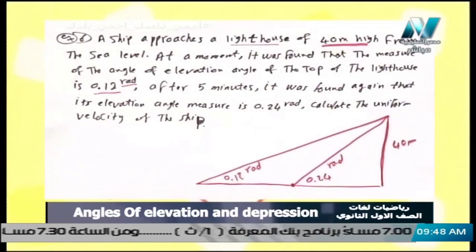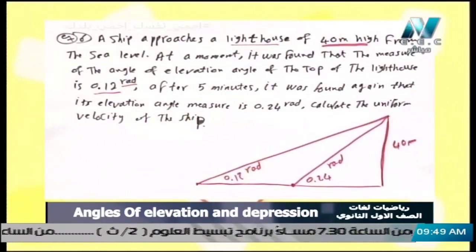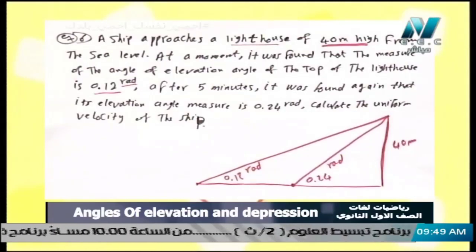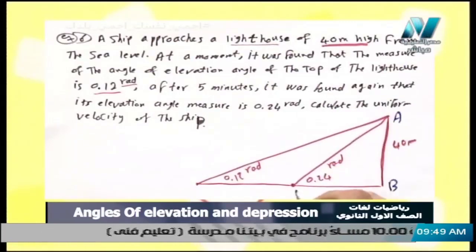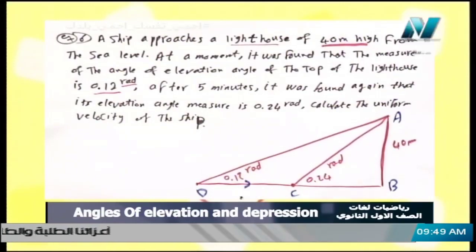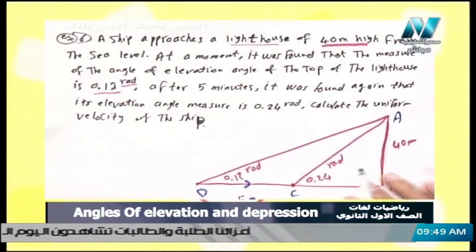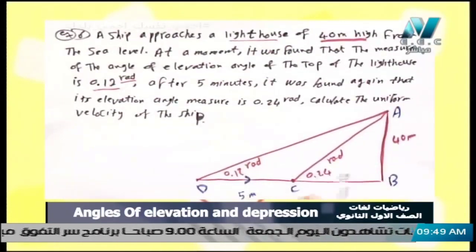And don't forget the time. From this point, we can name the points. We have here A, B, C, and D, and he moved from D to C in 5 minutes. Okay, so we have 5 minutes as a time.